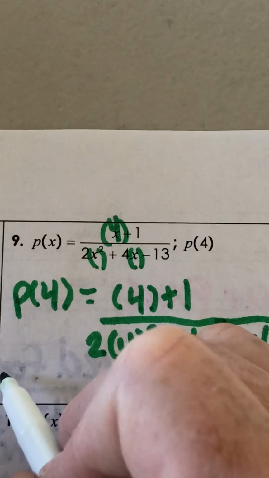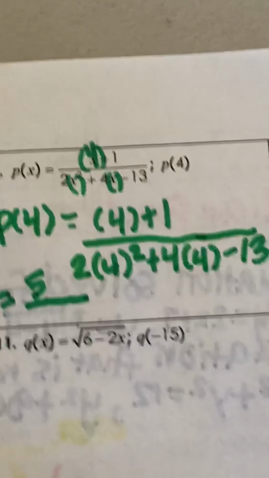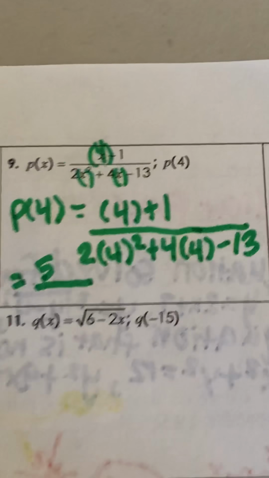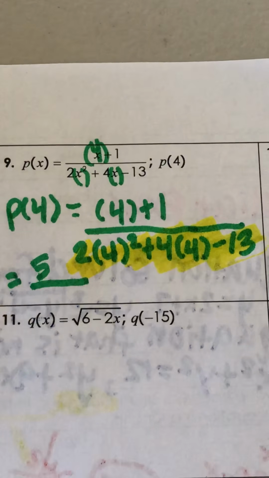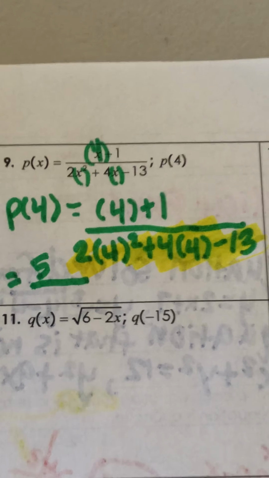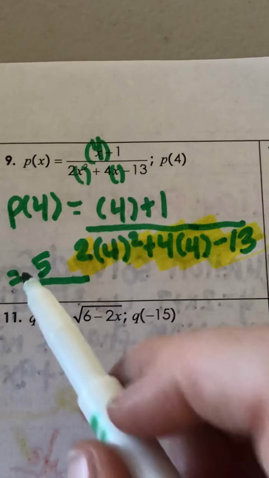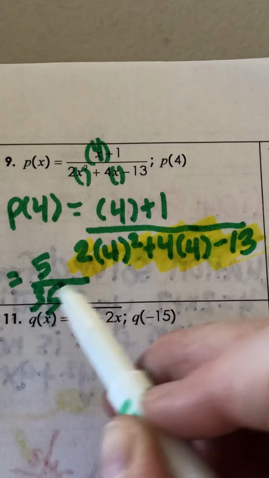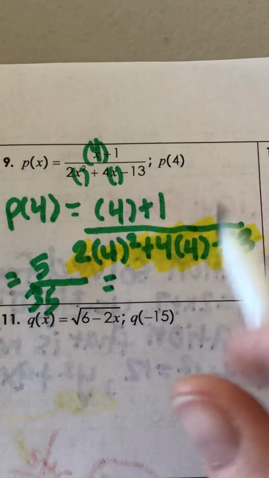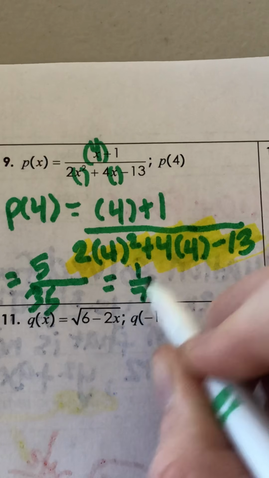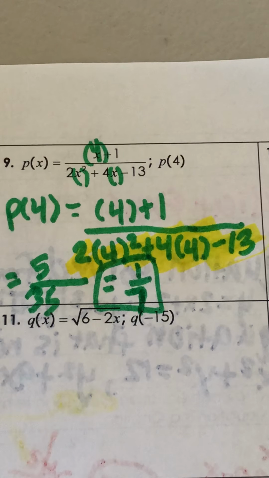If you have a graphing calculator, type this exactly how you see it in the calculator and press equals. Don't overthink it. You don't have to do step by step. Type that in, press equals, and it will give you 1 over 7 and simplify all of it for you. That's P of 4.